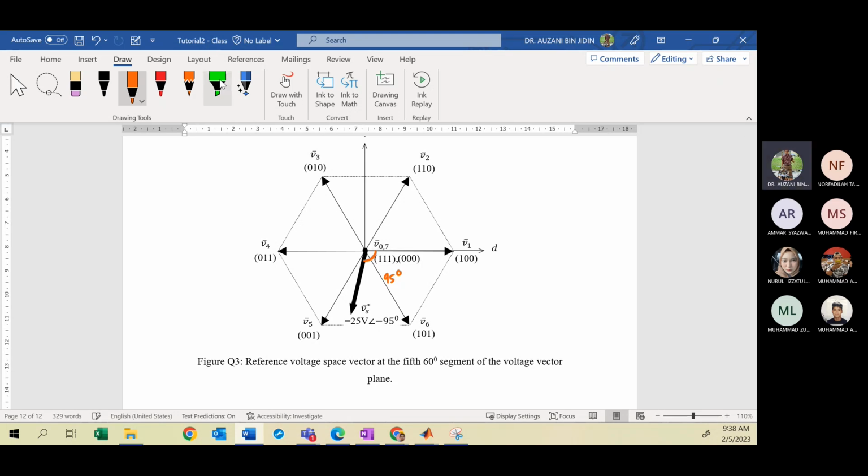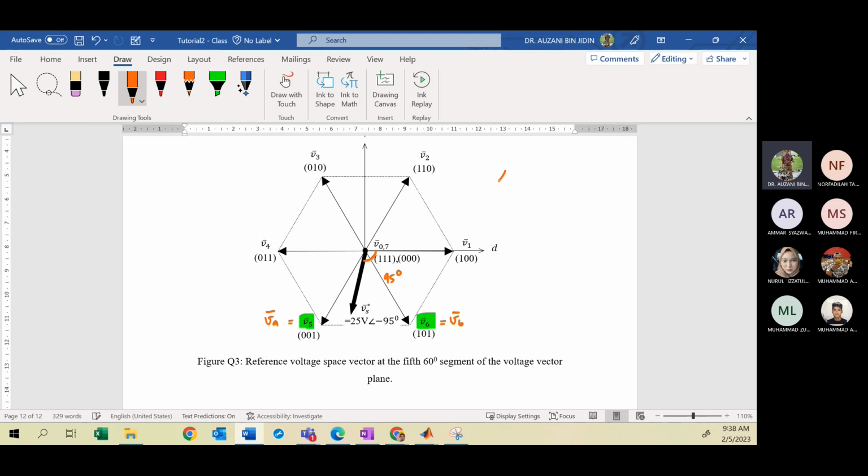So the two adjacent vectors are V5 and V6. So which one is VA, the first vector to be selected? V5 or V6? V5. So that means here your VA is V5. V6 will be your VB.